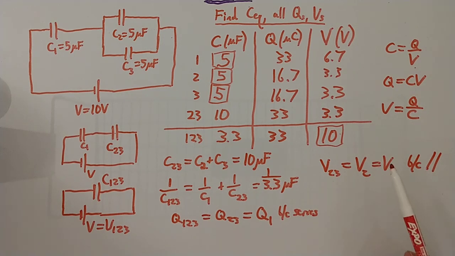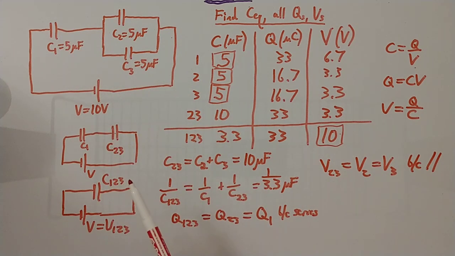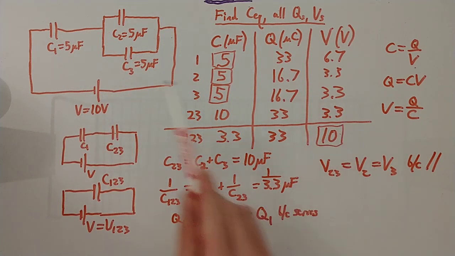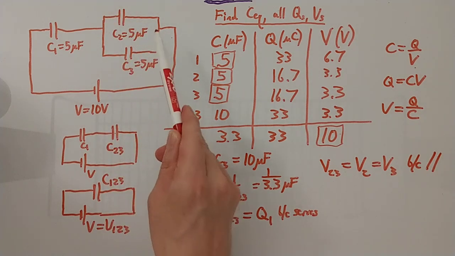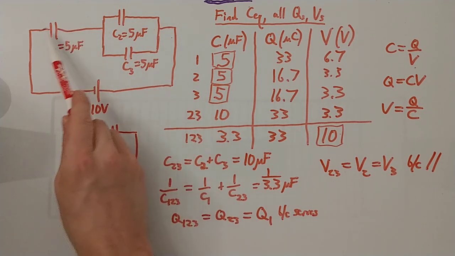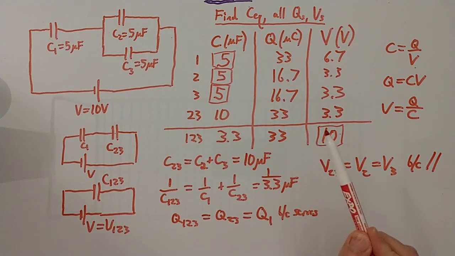And so now, there you have it. We've calculated what the Q is on each of these different capacitors and what the potential is across all of the capacitors as well. It looks like the potential across each of these would be 3.3, the potential across this one is 6.7, and we also have the amount of charge on each of them.